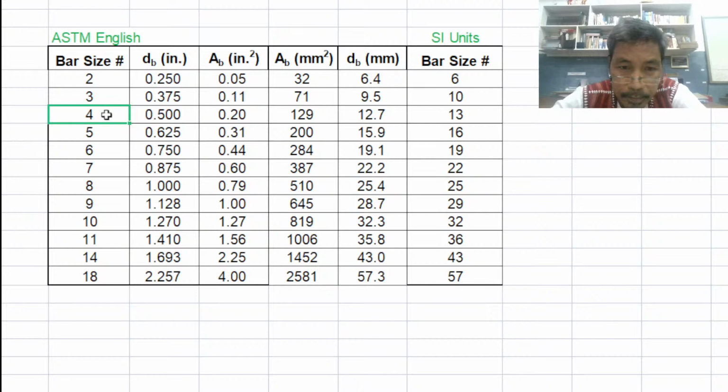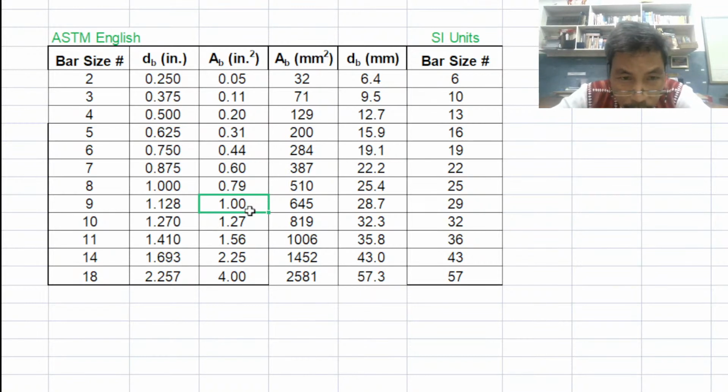Take note. Yesterday we showed you bar number 9, and what is the area of bar number 9? 1 square inch. When we are doing the design for reinforced concrete, we use bar number 9.